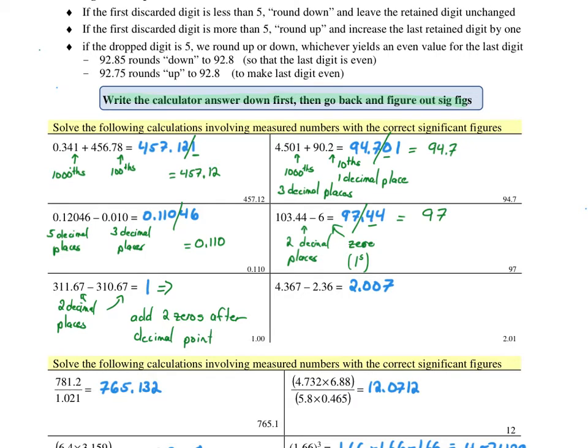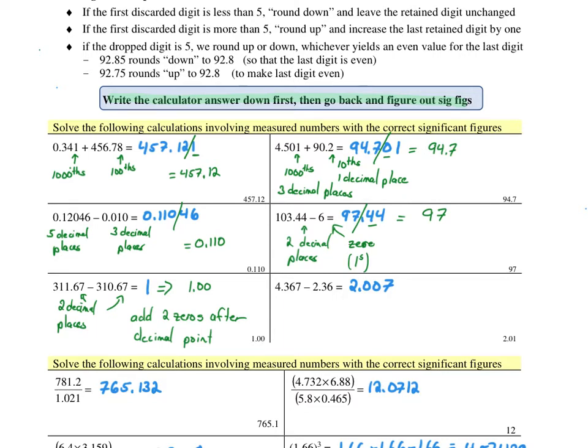We can't report our answer as 1 because that's not precise enough. Our final answer is 1.00, indicating that we know that the value of this decimal place is 0, and this is most likely 0.